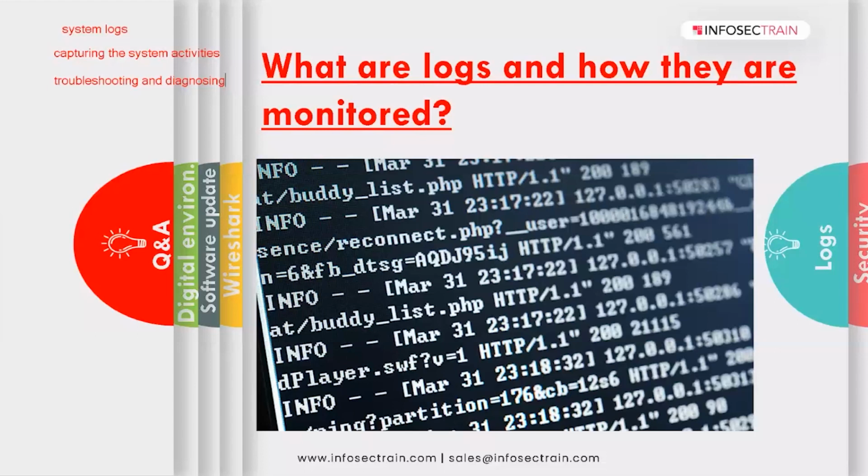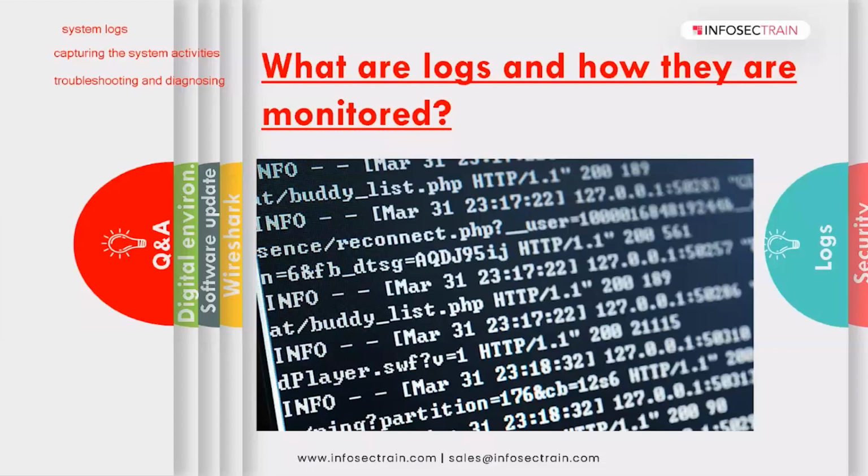Along with that, your system logs will also help us in tracking the system performance. Our system logs will provide us metrics and information about the resource utilization, your network activities, your application performance.